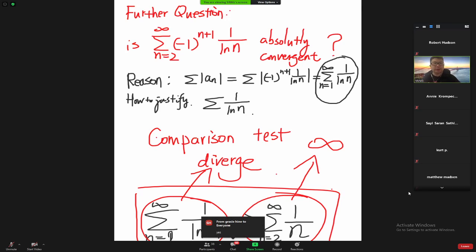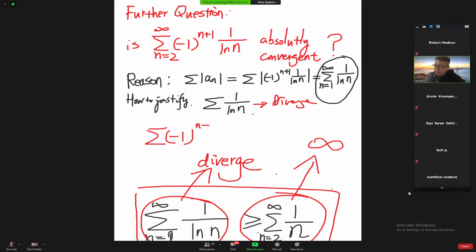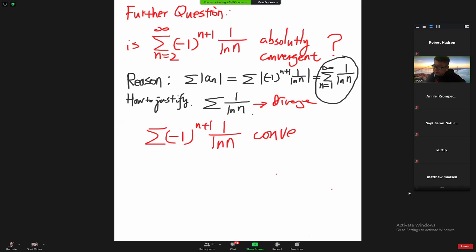Good. So what's the conclusion for the original series? Does it converge absolutely? Right, it's not absolutely convergent, because this one diverges. So the original series converges, but not absolutely.